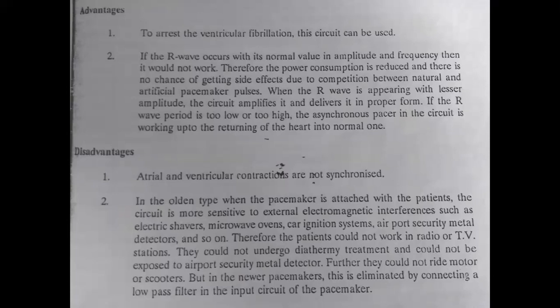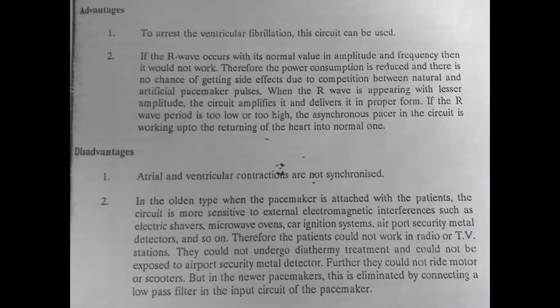Coming to the next one, that is a disadvantage. Atrial and ventricular contractions are not synchronized. This circuit does not bother about the synchronization of the atrial and ventricular contractions. It does not consider the atrial contractions.